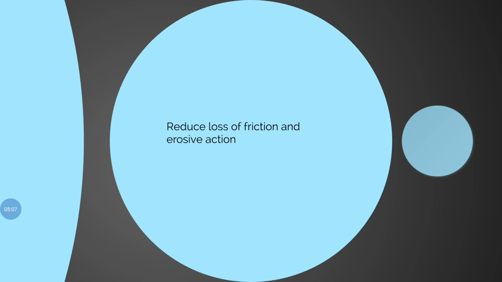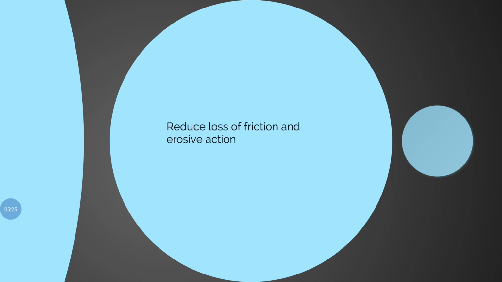So when the tunnel has to carry water or sewage or anything, the lining provides a smooth passage at a good velocity, so it can move freely without any kind of turbulence.